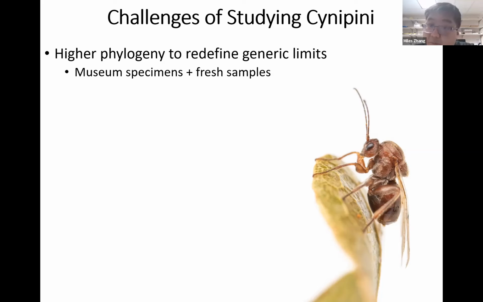Utilizing museum samples is fantastic for that. I haven't tried it myself, but you can even try sequencing some of Kinsey's types. I just saw a talk by Nicholas Wahlberg yesterday at Lund University, where they're doing whole genome sequencing of old paratypes, not holotypes, of Drosophila from the 1800s.